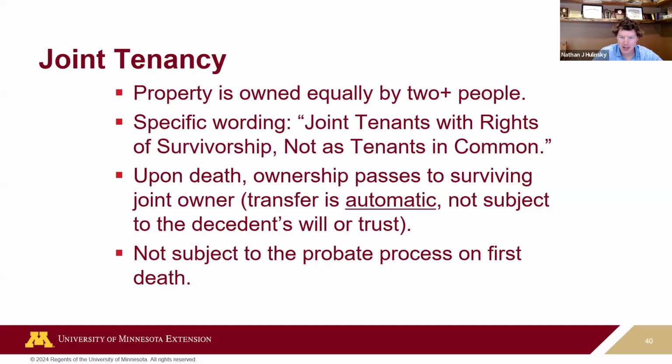Transfer is automatic, not subject to the decedent's will or trust, not subject to probate on the first death. So my wife and I own our house. We are joint tenancy. So when I die, my wife automatically will own 100% of our homestead, right? My children won't take my share and then own it. My wife will just get it all because we have joint tenancy.